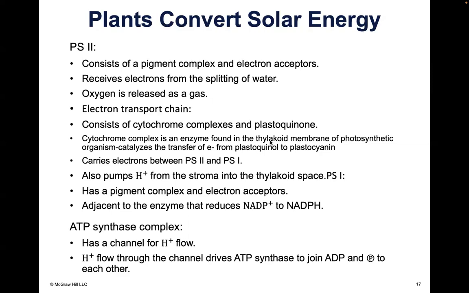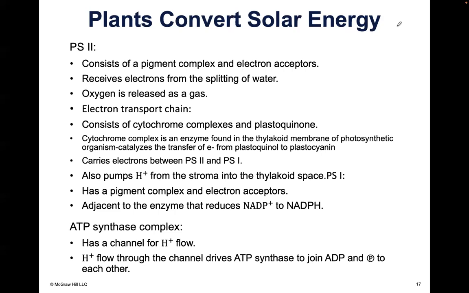I mentioned to you the process in which this is reduced. When you have two electrons and one hydrogen ion, they combine together with the NADP ion to form NADPH, which is a source of energy.